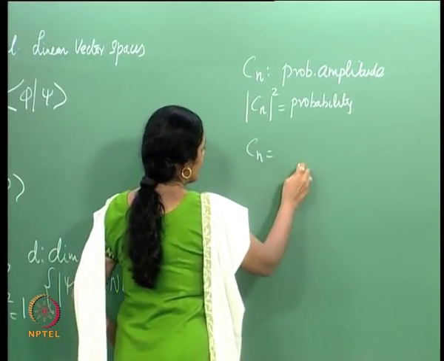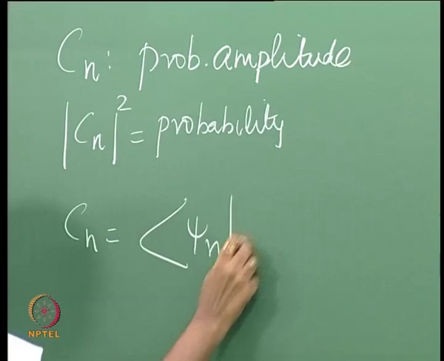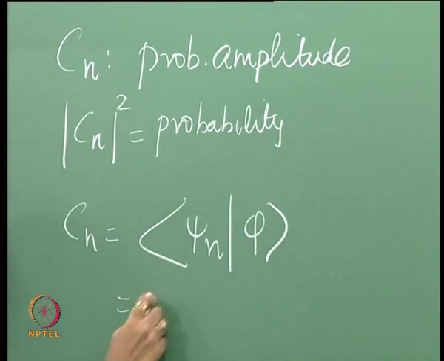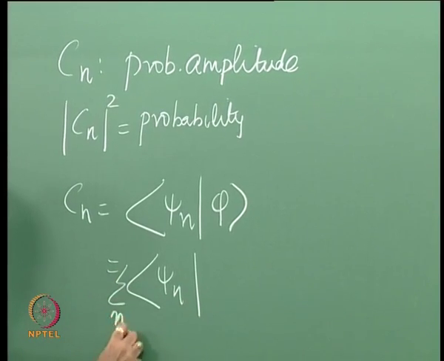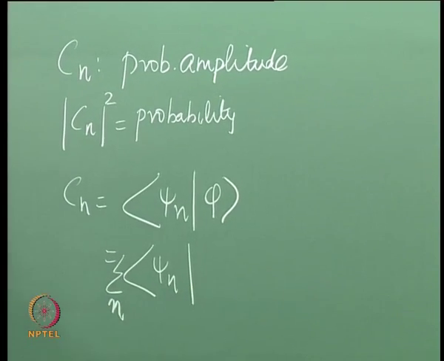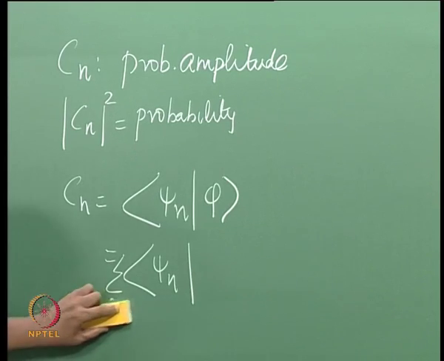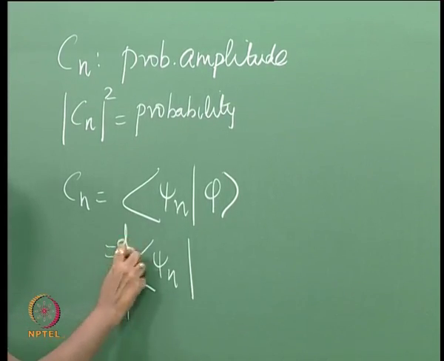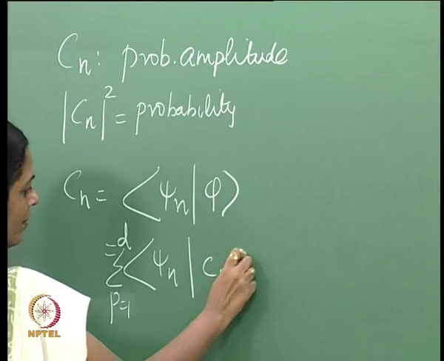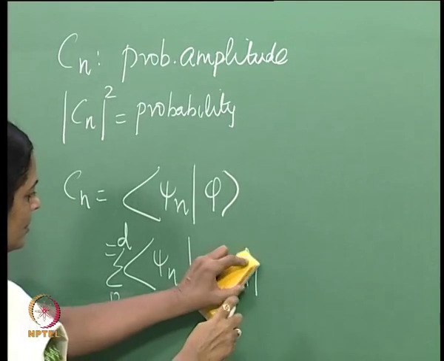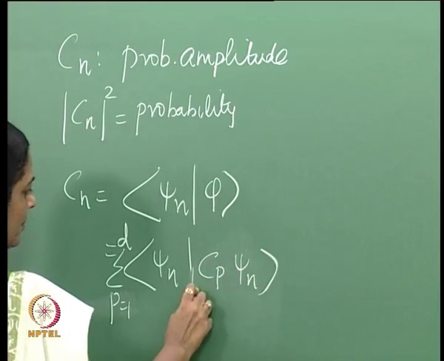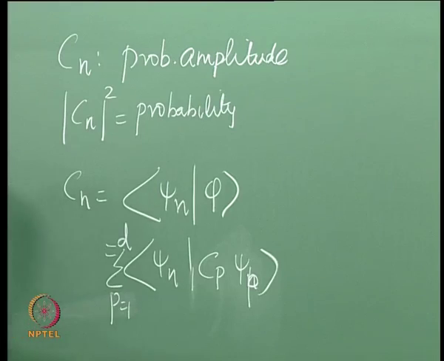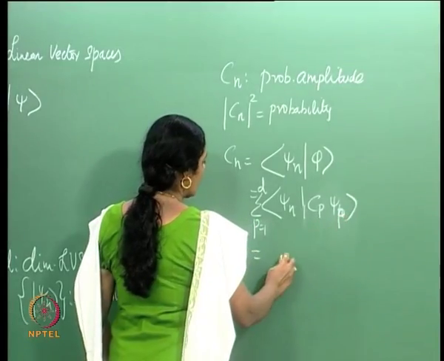You see, Cn itself is this object, because that's the same as bra psi n on summation over, let's say, p equals 1 to d Cp ket psi p, and that gives me a delta np.